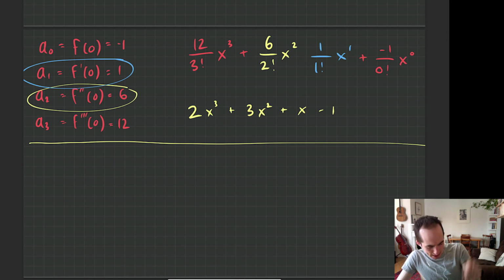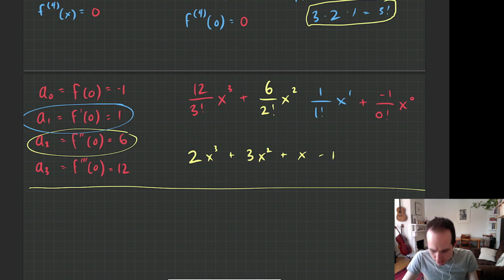So if I gave you a whole bunch of values and said these values came from this black box, basically they are the function with a few derivatives taken of it, evaluated at 0, well, you could reconstruct the original polynomial back in the way that we did, by dividing each of these by a factorial, and then multiplying it by x to the power of whatever factorial you divided it by.